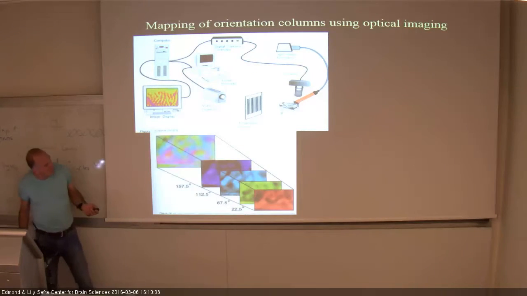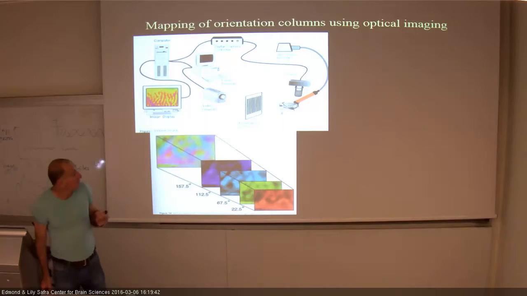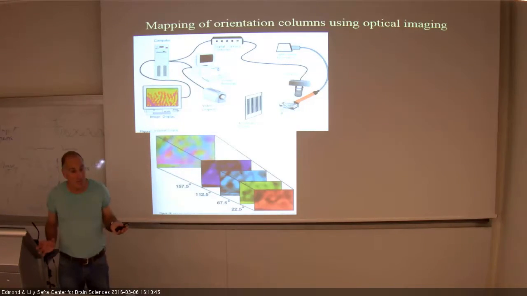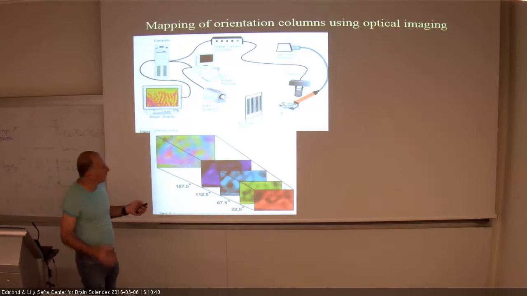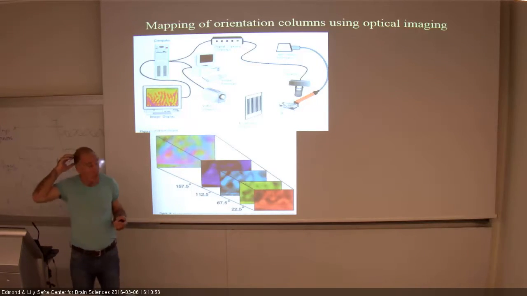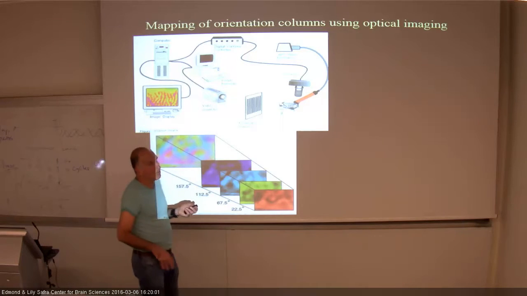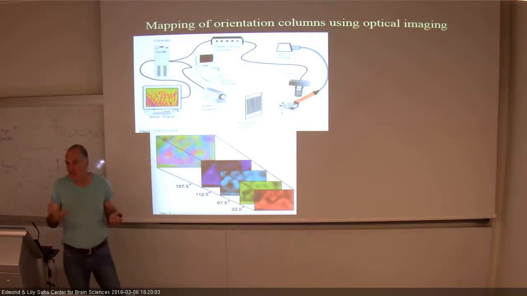Just to mention another technique that's been used well after Hubel and Wiesel: optical imaging. Did you hear anything about this? Optical imaging is a technique that is invasive. We have to open a hole in the skull, and we use light at a specific wavelength, initially with what are called voltage-sensitive dyes.